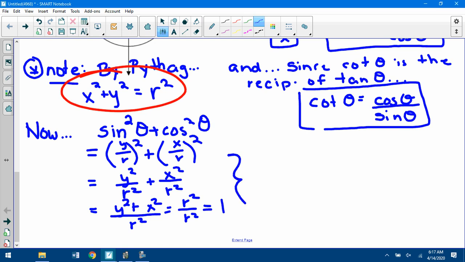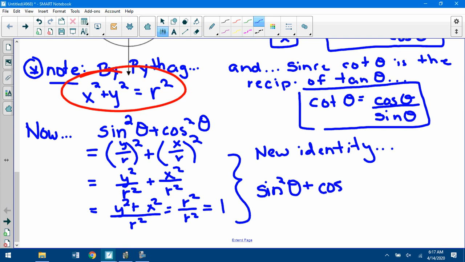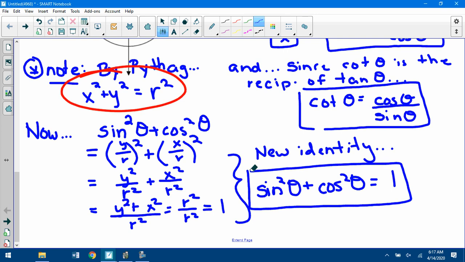So the final new identity that we're going to do this year is that sine squared of theta plus cosine squared of theta always equals 1, no matter what the angle is. And that's the Pythagorean identity because the Pythagorean theorem played a big part in it. Now there are other ones we can get using tangents and secants and cosecants and cotangents, but you'll do those next year.